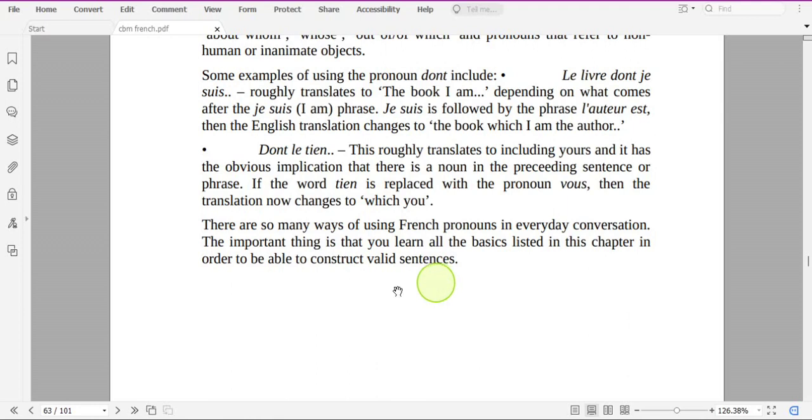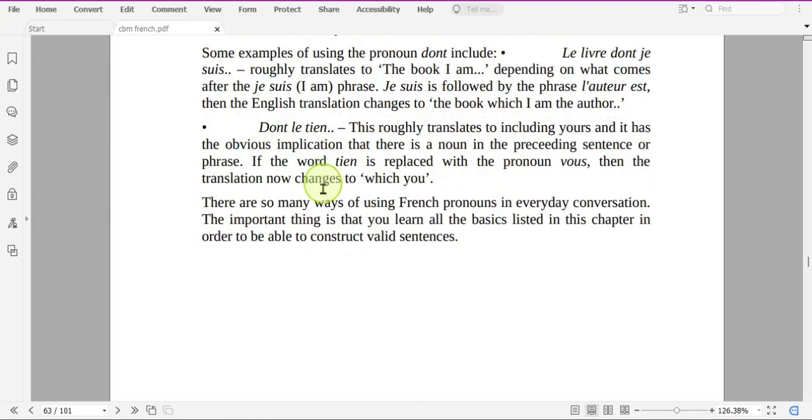Yes, if the word tien is replaced with the pronoun vous, then it translates to which you. Dont le tien. So it is which he owns, okay? Which you own. Okay, sorry, it's which you own, not which he owns, okay?